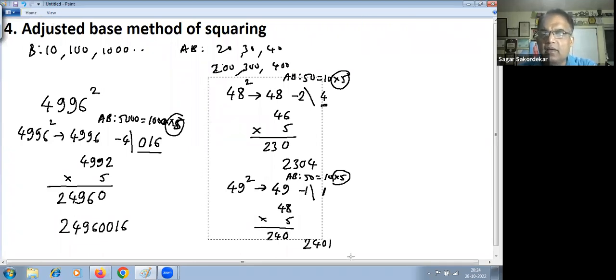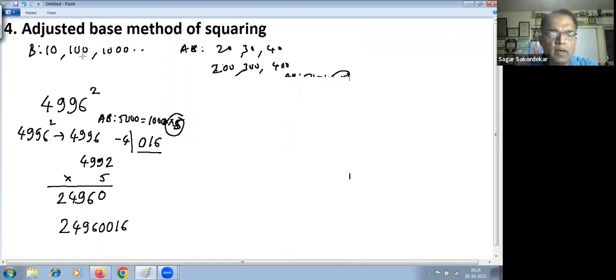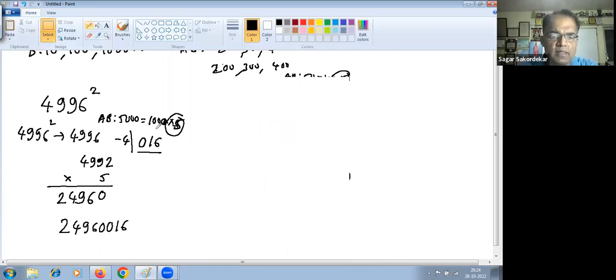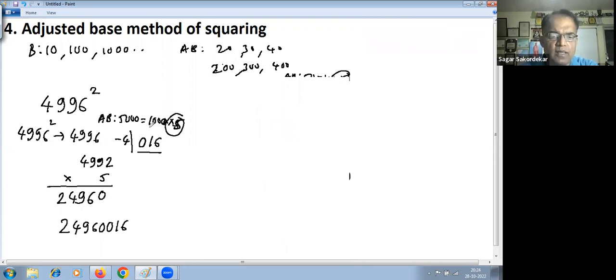Let's solve the same thing. Two students have already solved it, Shaina and Arti, by taking the main base as 10,000 instead of 1,000. Here what we have done is the main base is 1,000. It could be 10,000 also. 10,000 divided by 2 also gives you 5,000. So let's take the same example.